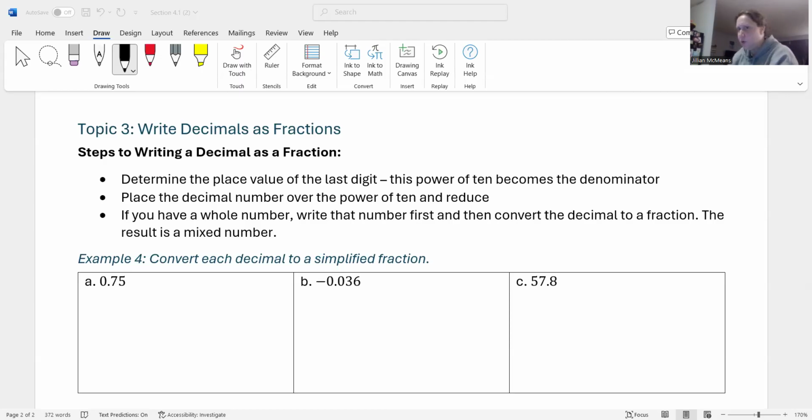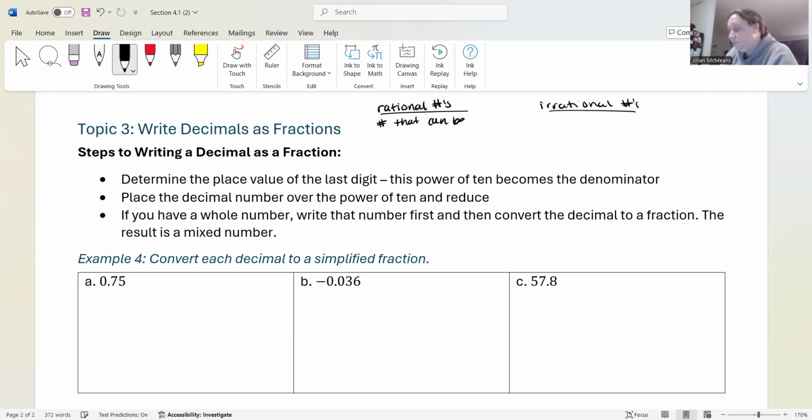So just as a really quick intro to this, we have two types of decimals. Okay, we have rational numbers and we have irrational numbers. Okay. So when it comes to rational numbers, these are numbers that can be written as fractions.